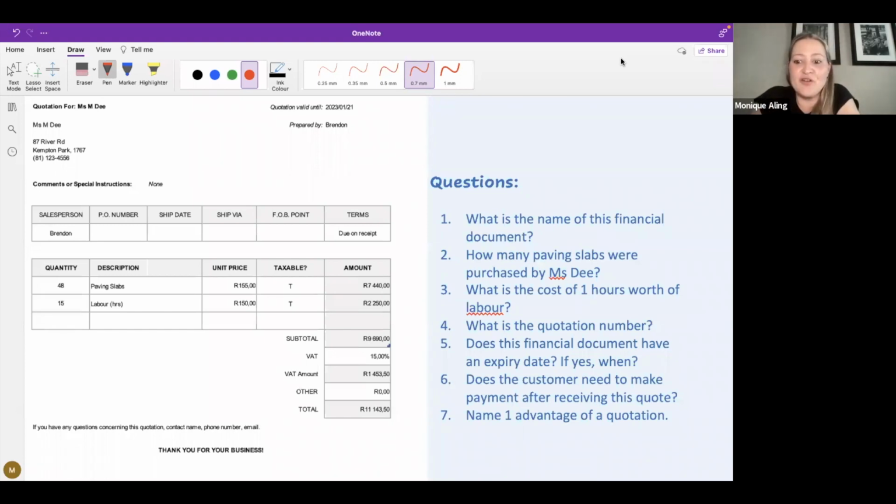Okay, so looking at the first question, what is the name of this financial document? Now, instead of writing in the chat, I want someone to raise their hand and actually give me the answer. Evelyn, can you not see the questions? Anyone want to raise a hand and let me know what the answer is?